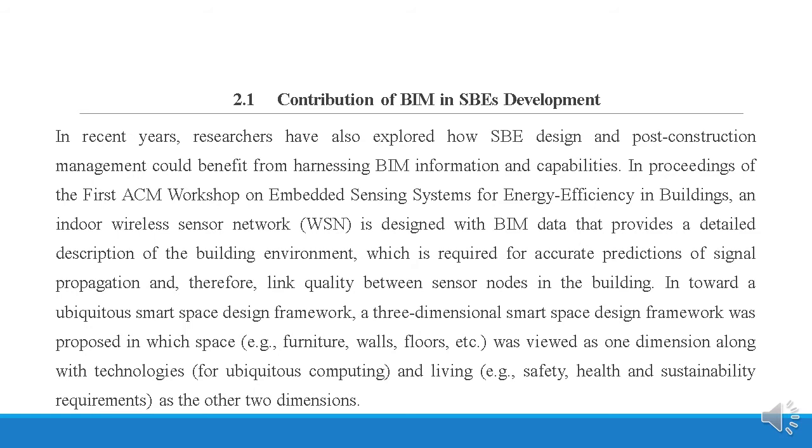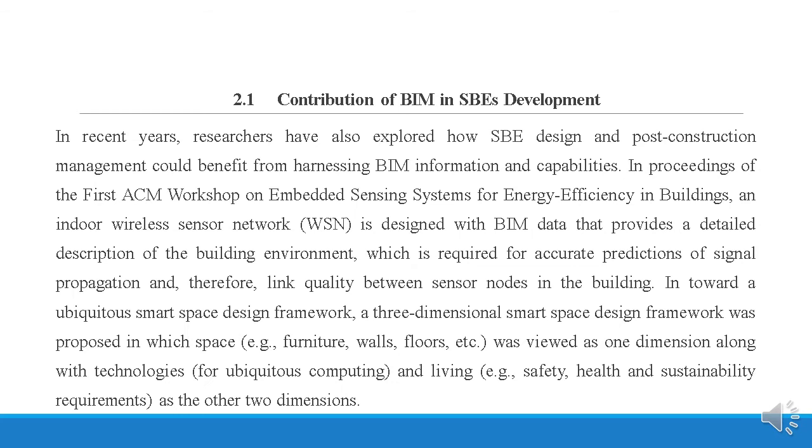2.1 Contribution of BIM in SBES development. In recent years, researchers have also explored how SBE design and post-construction management could benefit from harnessing BIM information and capabilities.